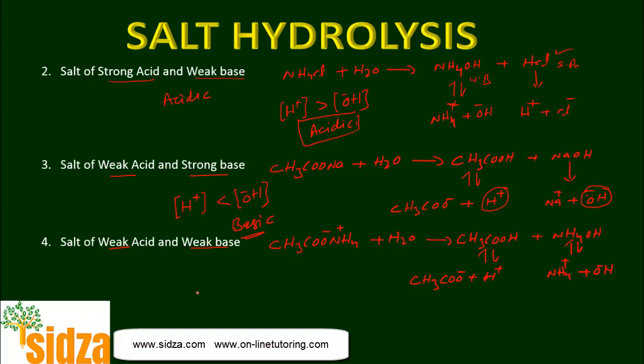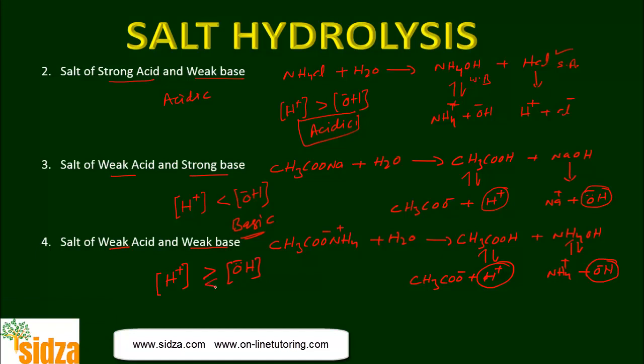Now if you compare the H plus ions with the hydroxide ions, in this case the concentration of the H plus ion and the hydroxide ion concentration can either be more than this one, the H plus ions will be more than the OH, or it can be less than, or very rarely it can be equal also.